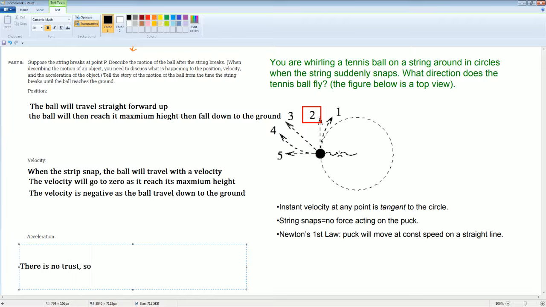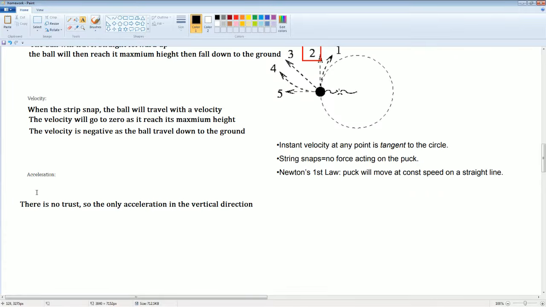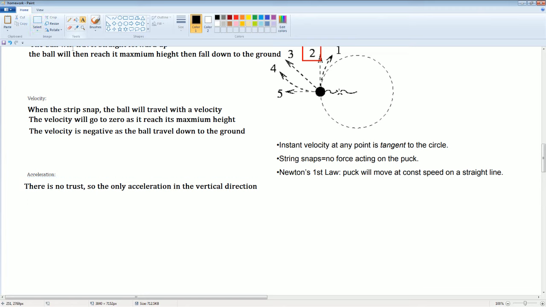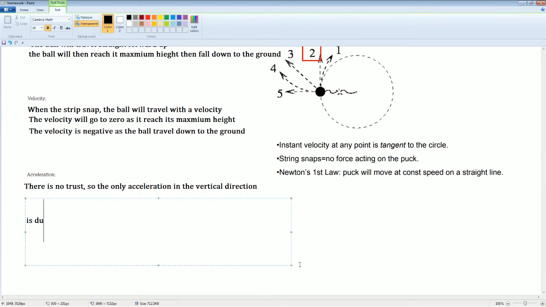There's no thrust, so the only acceleration in the vertical direction is due to the force of gravity, which is 9.8 meters per second squared downwards.